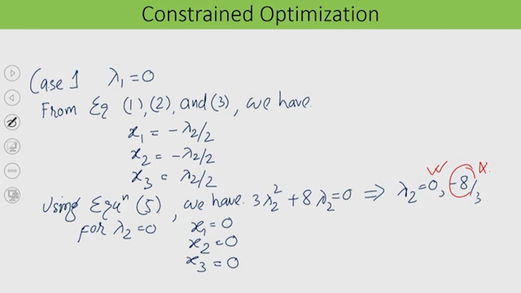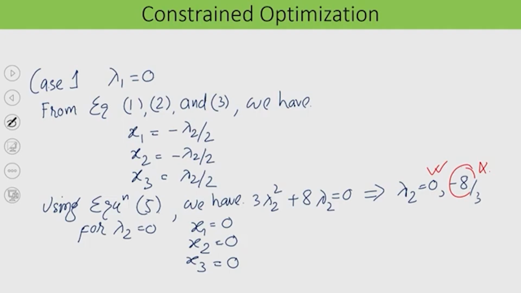Okay. So, now this solution, that means x1 equal to 0, x2 equal to 0 and x3 equal to 0, they are satisfying all these Kuhn-Tucker conditions. So, this solution is satisfying all the Kuhn-Tucker conditions. So, this is one of the solutions.